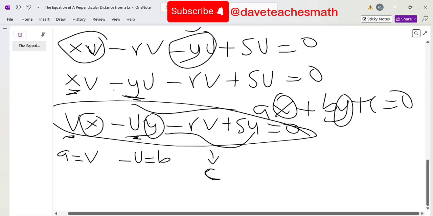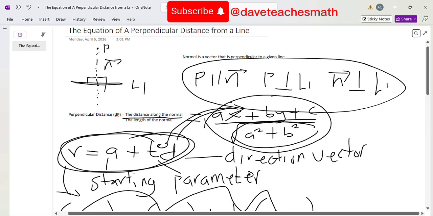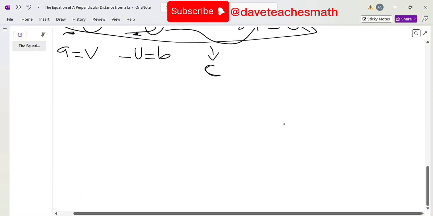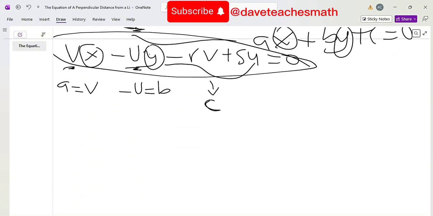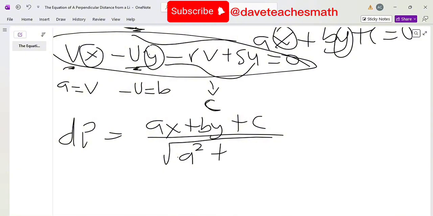So now we can insert this form into the formula of the perpendicular distance that we are looking for. Alright, so let's go ahead and work it out over here. So we know that the perpendicular distance d of p is equal to (ax + by + c) over the square root of a squared plus b squared.